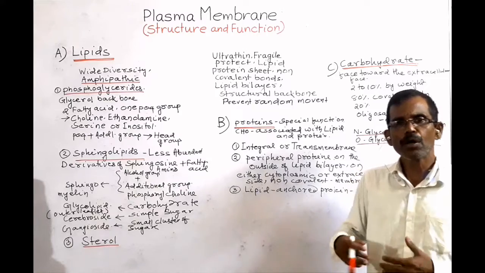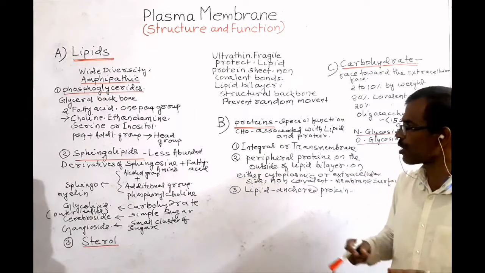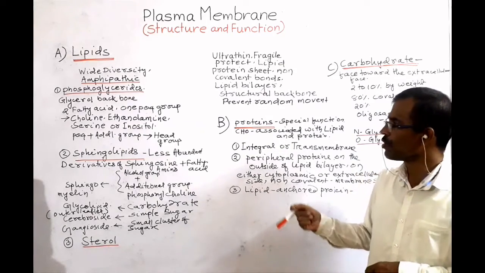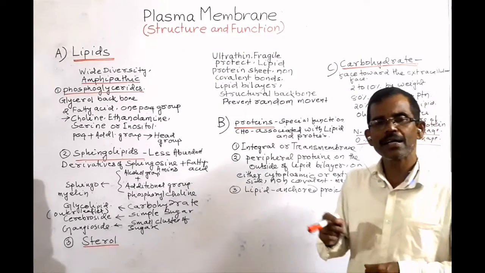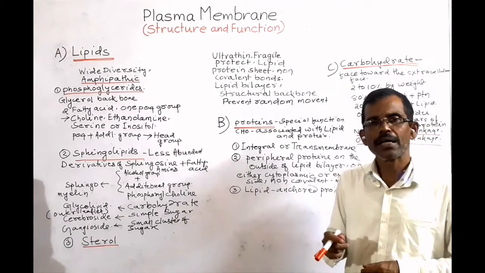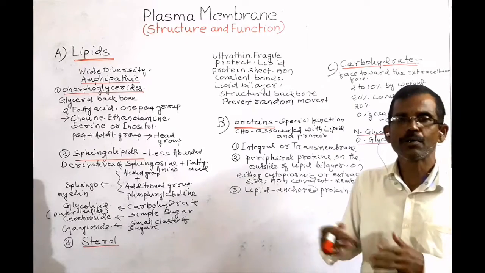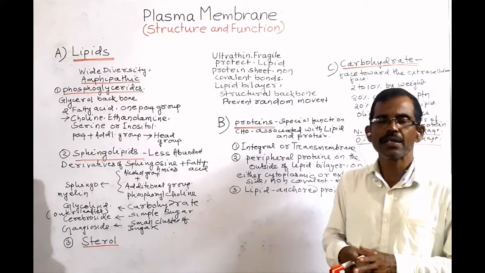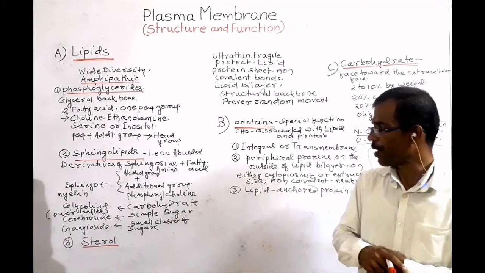In some other sphingolipids, carbohydrates are associated with the hydroxyl group of sphingosine. If carbohydrates are the additional groups, then such lipids are called glycolipids. Glycolipids are usually present in the outer leaflet of the plasma membrane.